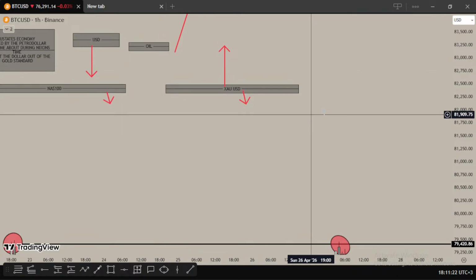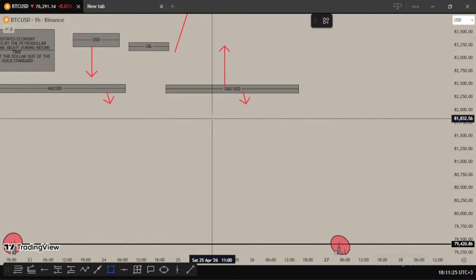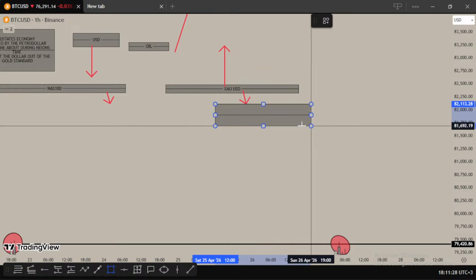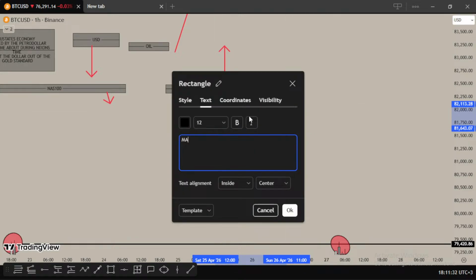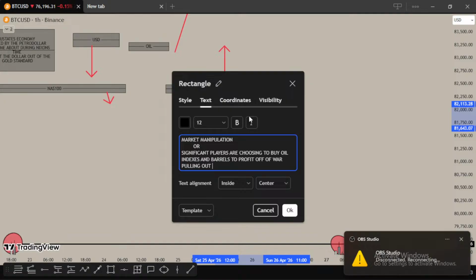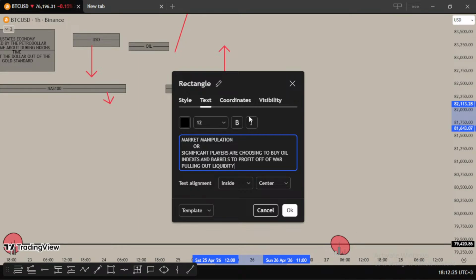So it seems as if the gold market is under one of two things: market manipulation, or significant players are pulling out liquidity from the gold market to oil.